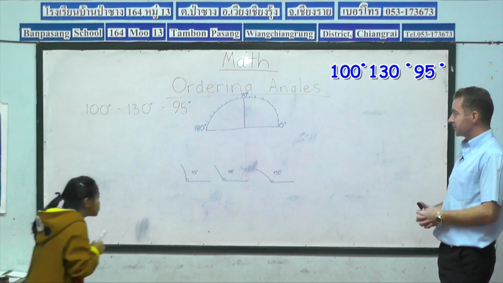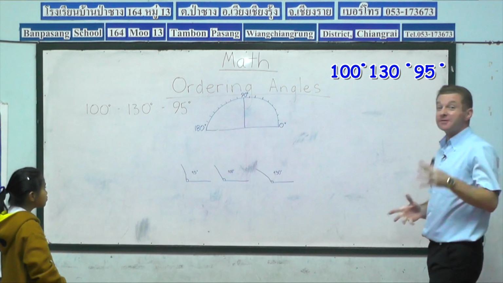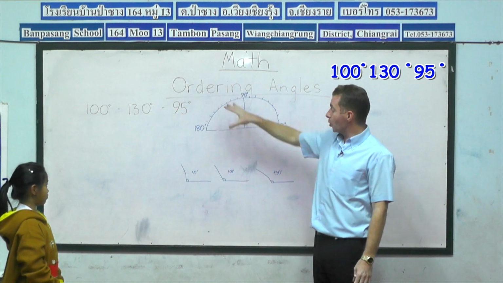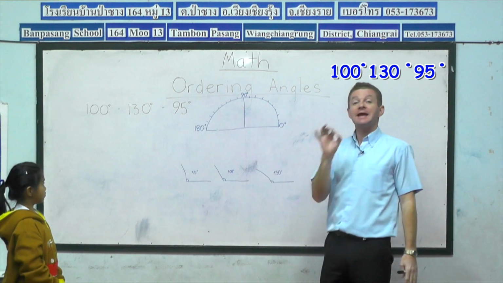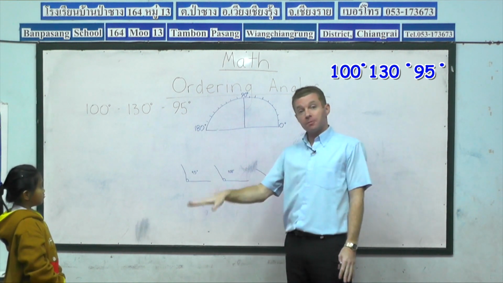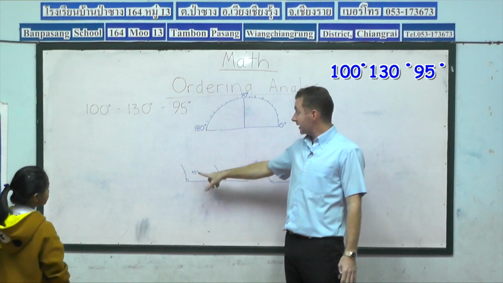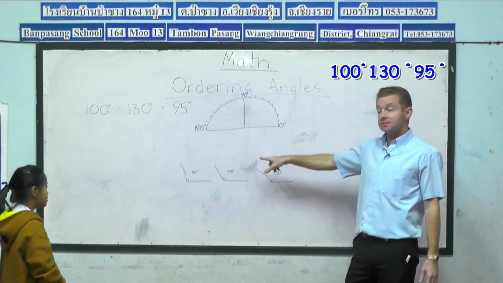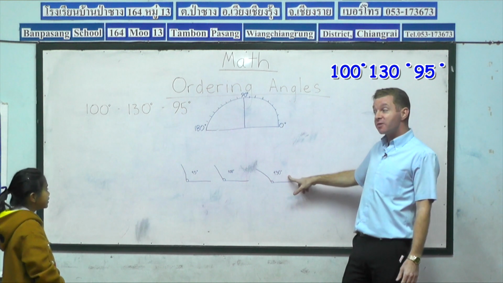Okay, so we can see there Pak Bung has correctly demonstrated how to measure, draw and order the obtuse angles into ascending order, smallest to biggest. 95 degrees, 100 degrees and 130 degrees.